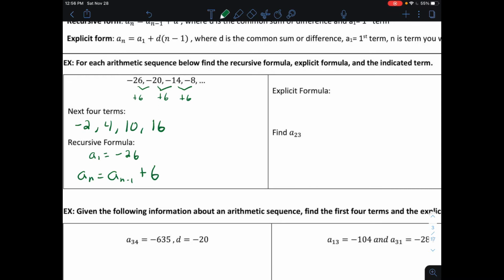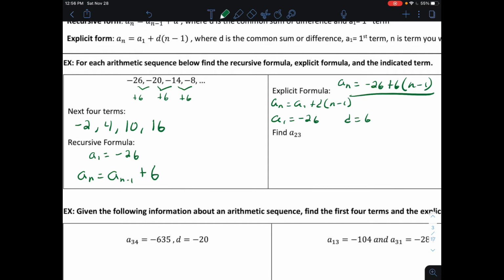Now, explicitly, the explicit formula: a_n equals a1 plus d times n minus 1. Well, a1 is the first number in our sequence, which is negative 26. D, we said, was positive 6. So all we would do is plug in, and we would have our explicit equation. So explicitly, the sequence is defined as negative 26 plus 6 times n minus 1.